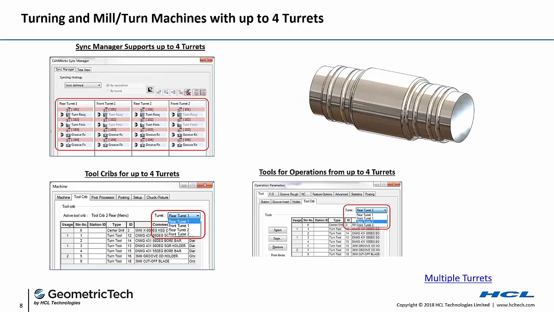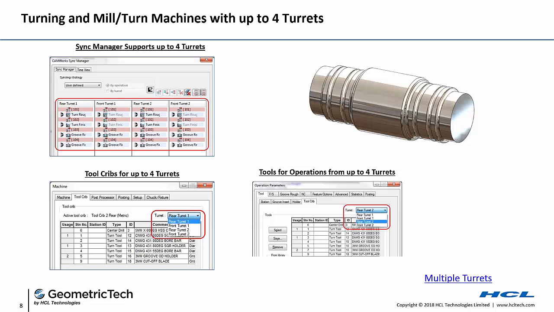So in addition to being able to define those 4 turrets within the technology database for a machine, we can now also control up to 4 turrets using the sync manager. So we can now do synchronous machining with up to 4 turrets.